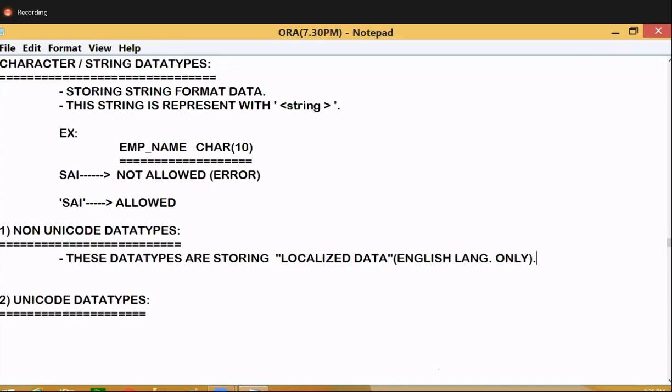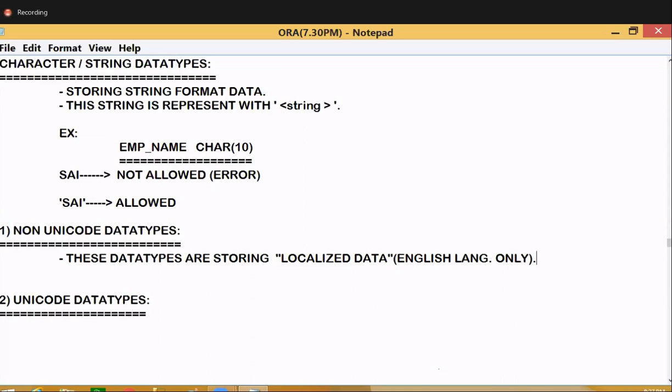For example, if you go to China, almost 70% of day-to-day transactions are going through the Chinese language. Then if I want to store Chinese language in my database, how can I store it? These data types are storing only English, so how can they store Chinese? That is a problem.